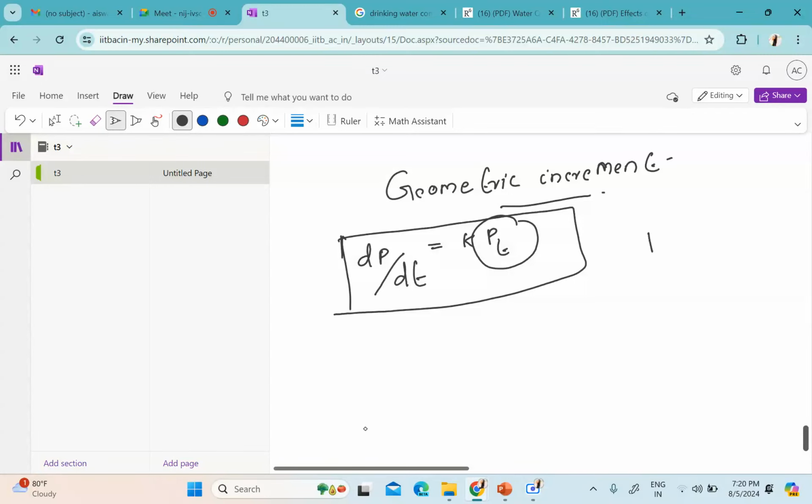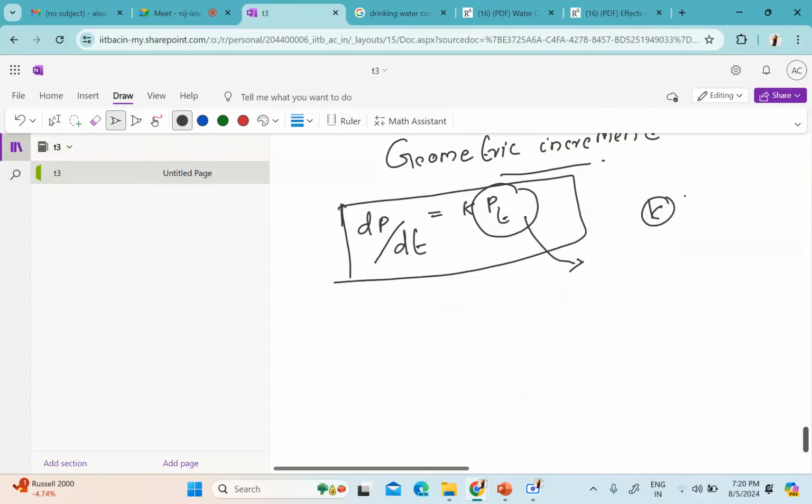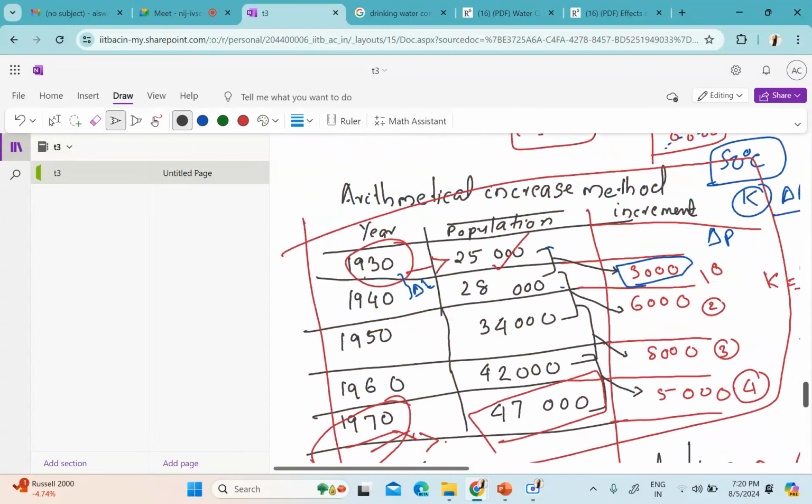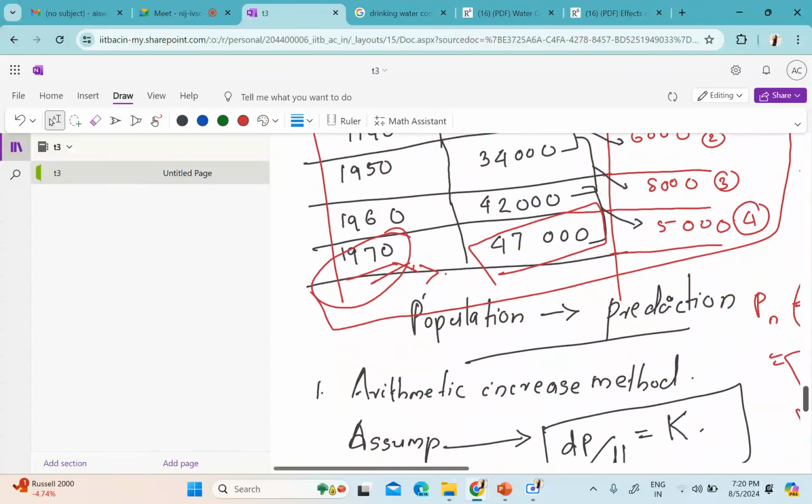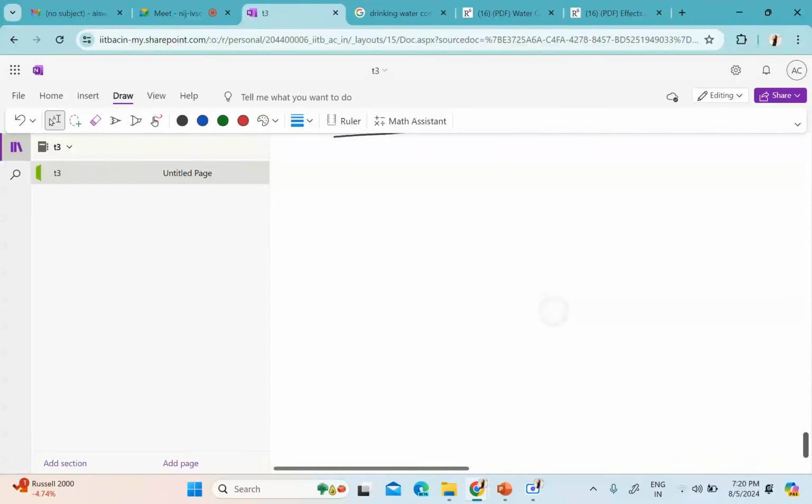In the previous one, K was constant, but here the percentage of the increment is constant for this method. No worries, we will do the calculation, then you get to know what this is. The same values we can use here.